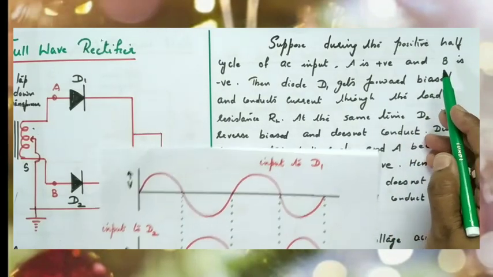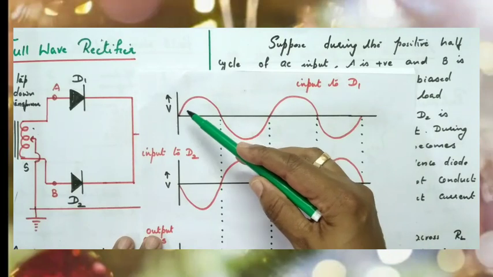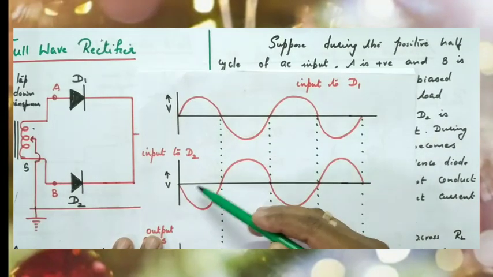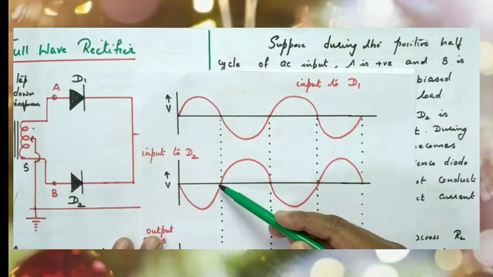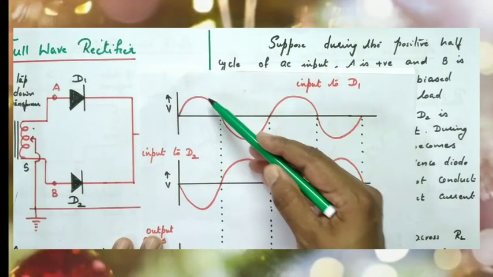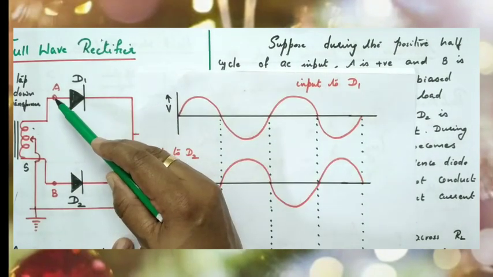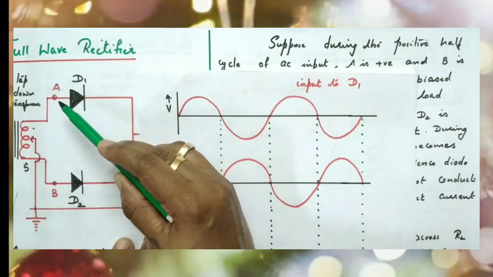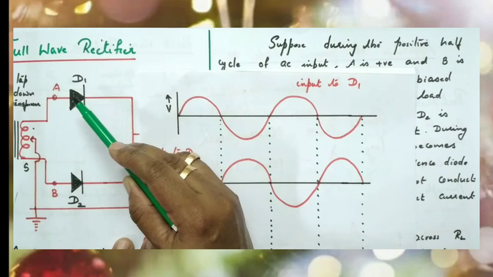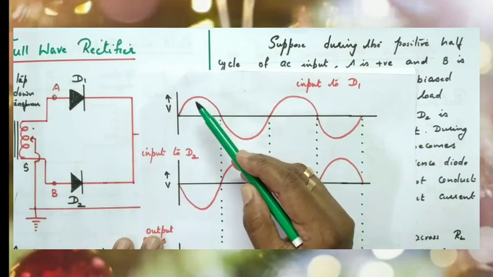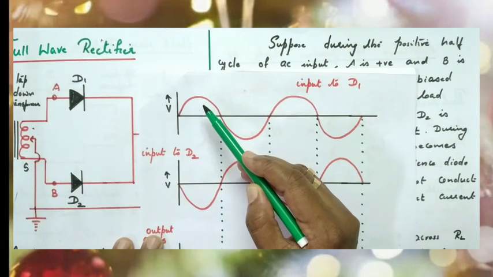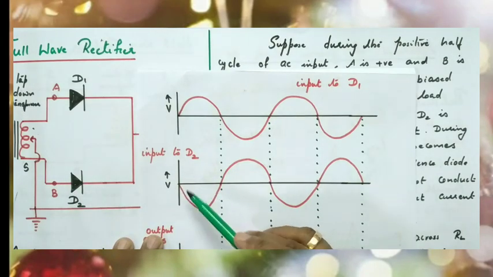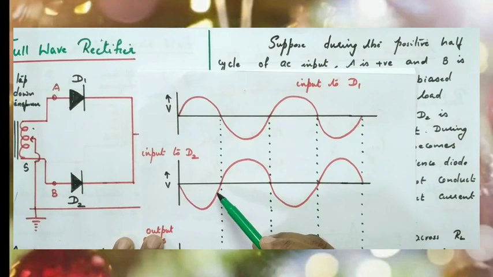During the positive half cycle of input AC, this is the input given to diode D1, and this is the input given to diode D2. A is positive and at the same time B is negative. So A is positive means diode D1 gets the positive half, it is forward biased and it conducts. At the same time diode D2 gets the negative half, so it is reverse biased and does not conduct.